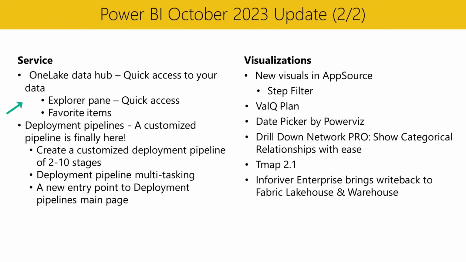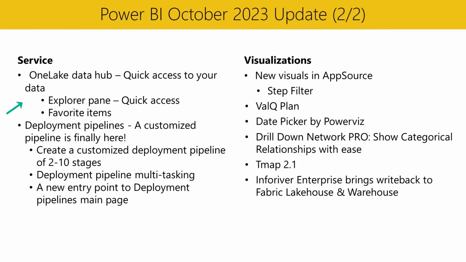Moving on to the service, we have OneLake Data Hub, quick access to your data. OneLake Data Hub is a central location for users to find and reuse existing organizational data. It allows users to browse through their data and discover insights that can help them make better decisions. We're happy to introduce some of the new features that we recently added to enhance the OneLake Data Hub discovery experience. The Explorer pane, quick access.